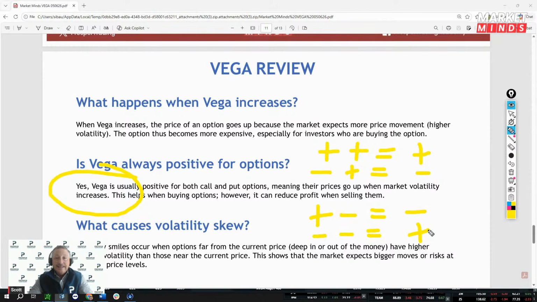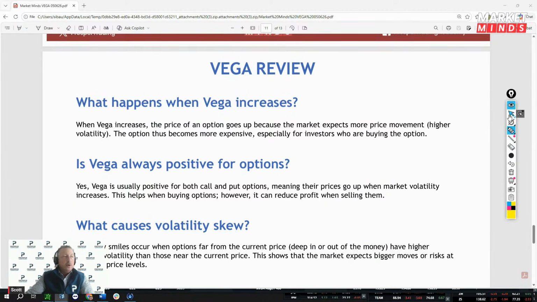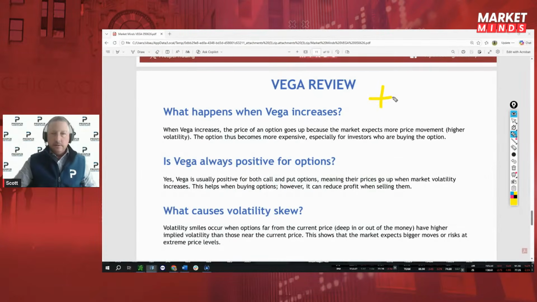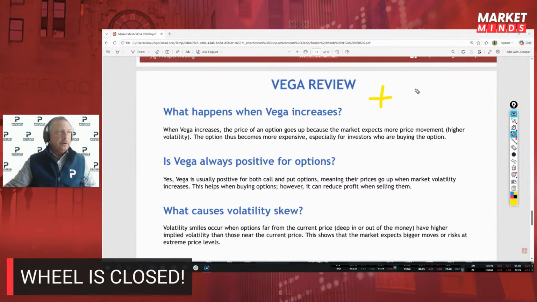Okay, that's delta. It's different for Vega. Again, all options have positive Vega. So if I buy an option that has positive Vega, I'm going to have a long Vega position. I'm going to be long volatility.